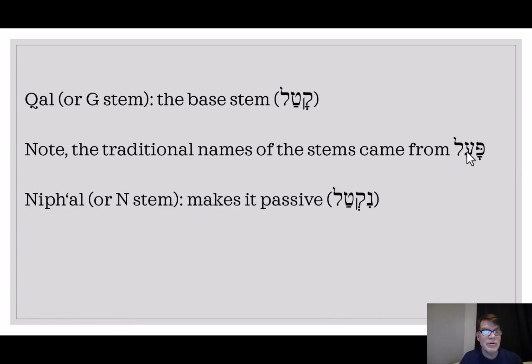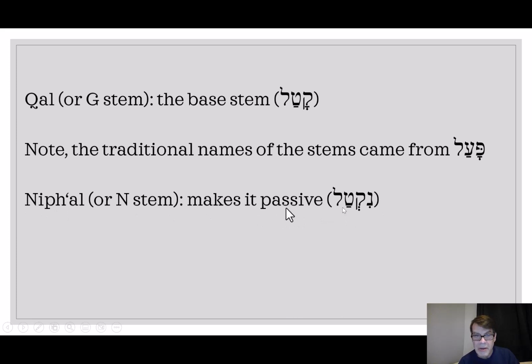So we have encountered the Niphal stem before, and you'll notice that the Niphal stem, you've got a p-h here, you've got an ayin, that's a backwards apostrophe, the ayin transliteration, and then the l for the lamed. So you can see that if you take the verb pa'al and you put it in the Niphal stem, it looks like Niphal. Here it is with taking qatal, niqtal. Notice the verb. It's got an n or a nun at the front.